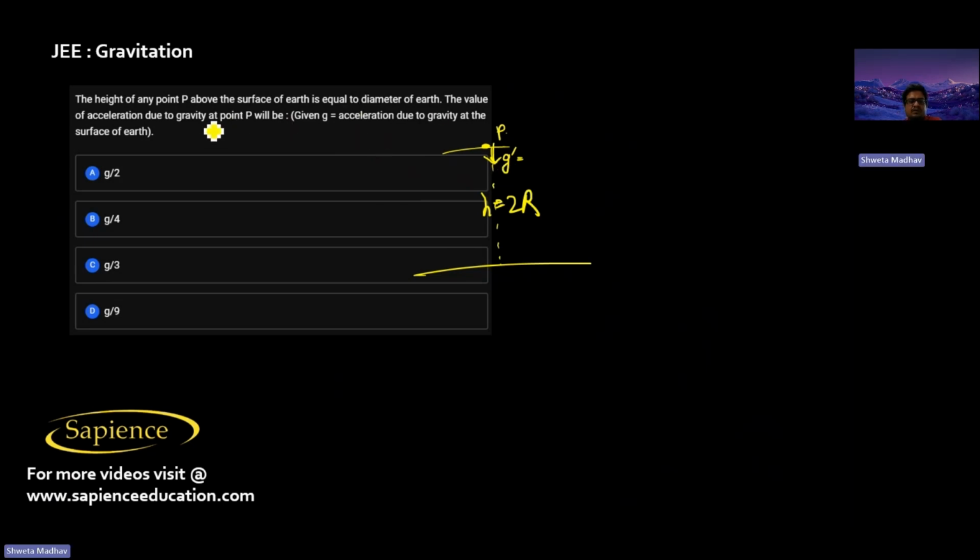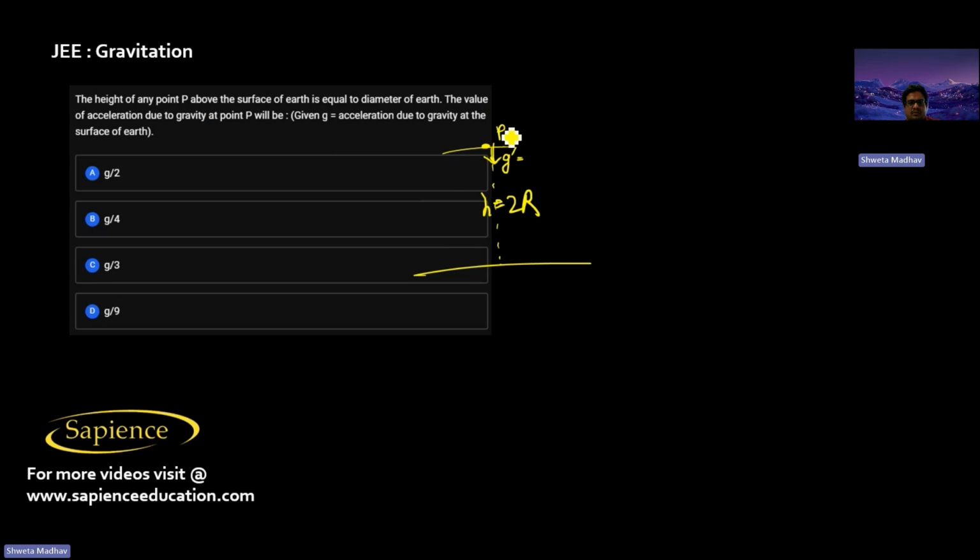So the value of acceleration due to gravity at point P will be, height of any point P above the surface of the Earth is equal to the diameter of the Earth.